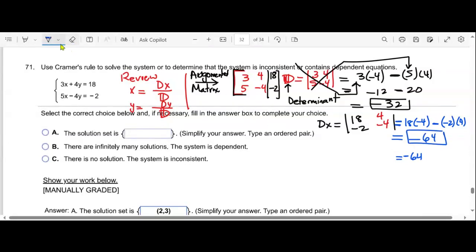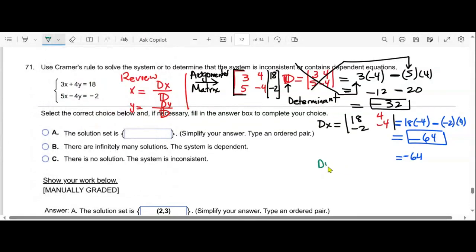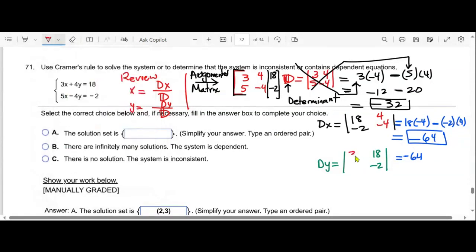That's dx. Now, what about dy? Who can give me dy? We will replace 4, -4 by 18 and -2, and what do we put for the left side? 3 and 5. Can you get the determinant for this, please? Yalla, go ahead, do it.